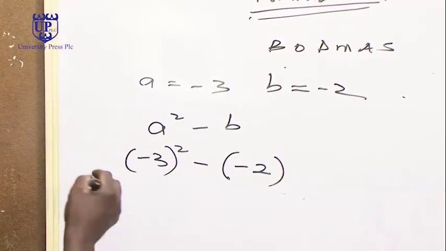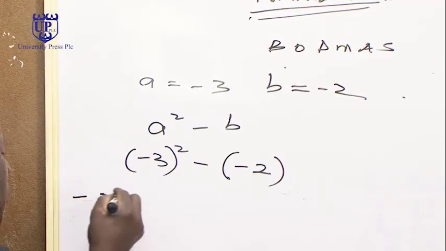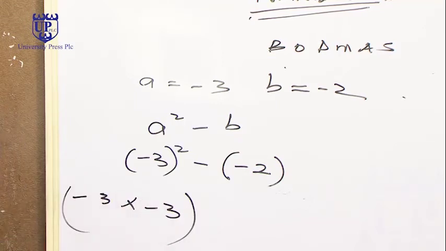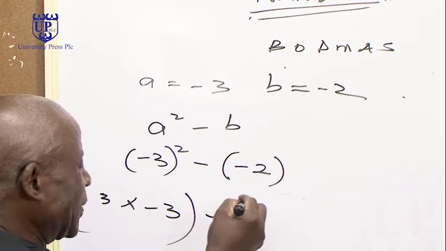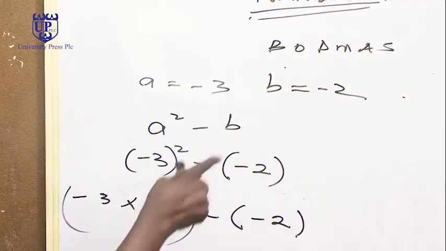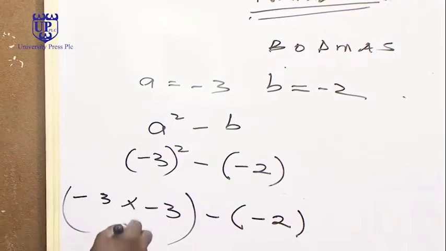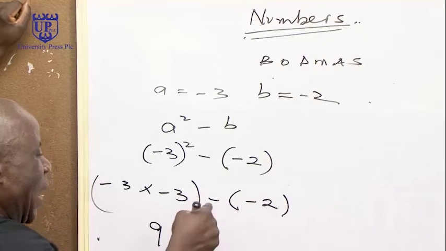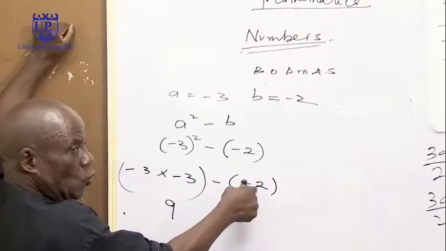What is minus 3 all squared? Minus 3 multiplied by minus 3. Then minus 2. If you remember, that is 9. Minus again, minus times minus 2 is plus 2.